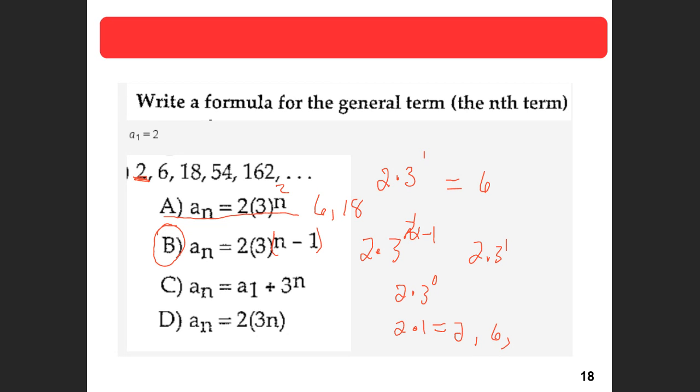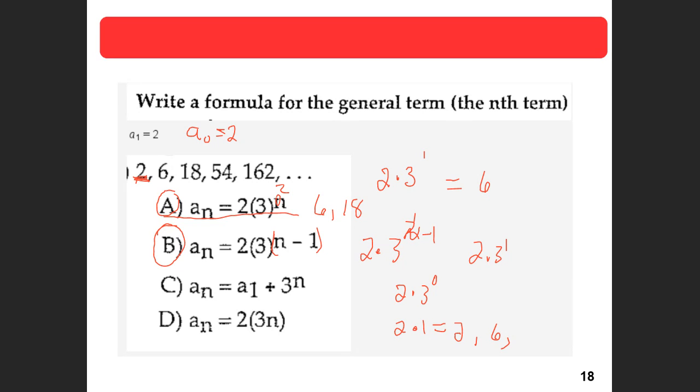Now, if they would have said a sub 0 is equal to 2, then I would agree with letter A for the answer. Because if I put 0 in here, 2 times 3 to the 0, 3 to the 0 is 1, 2 times 1 is 2, that would give me my first term as 0. So it really makes a difference what they start with, if they start with 0 as your first term or 1 as your first term.